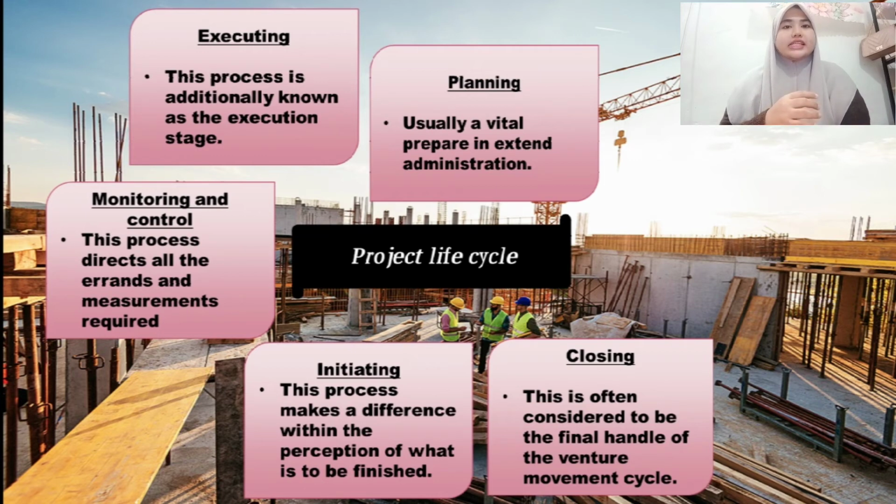Number 4 is monitoring and control. This process directs all the runs and measurements are required to ensure that conquer and affirm venture that attempt is inside scopes, on time, and inside budget, so that the venture continues with least chance.